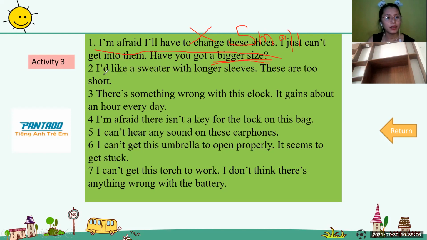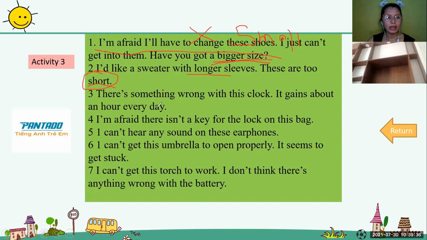For number two, "I'd like a sweater with longer sleeves." Oh, longer sleeves. So the problem there is that they are too short. Okay, that's the one you hear in the audio, right? Okay? And number three, "There's something wrong with this clock.